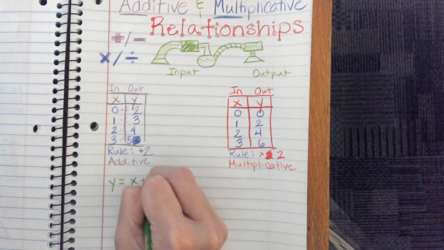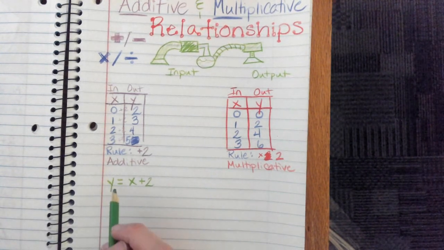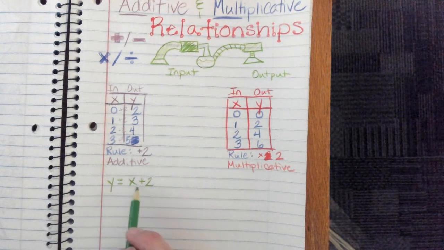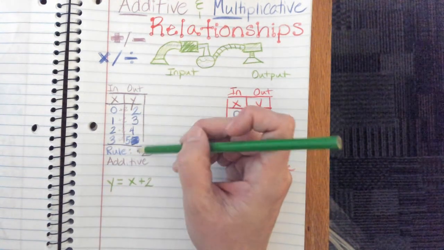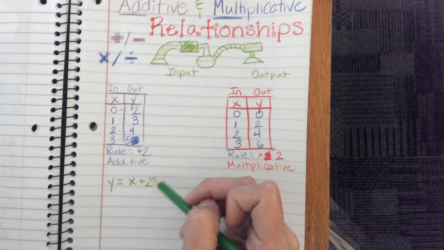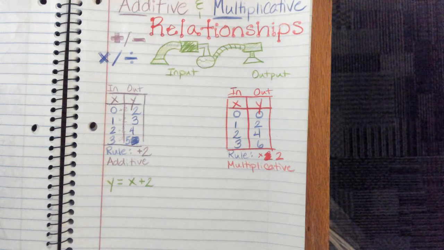I added 2. So what I'm saying is for any number, to find my y, to find my output, I take whatever I put in and I add 2.